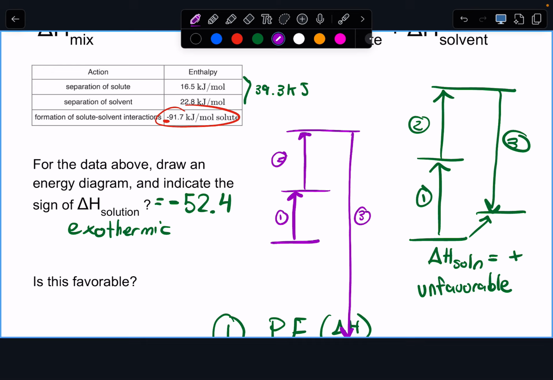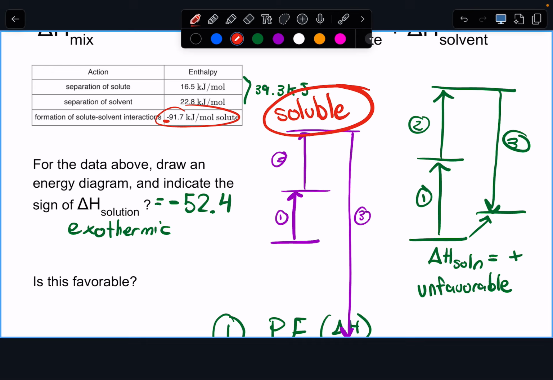Okay, the purple one, the very exothermic one, the fact that it releases so much energy will tell us that this process will occur and that solute will be soluble in that solvent, okay? It will dissolve.